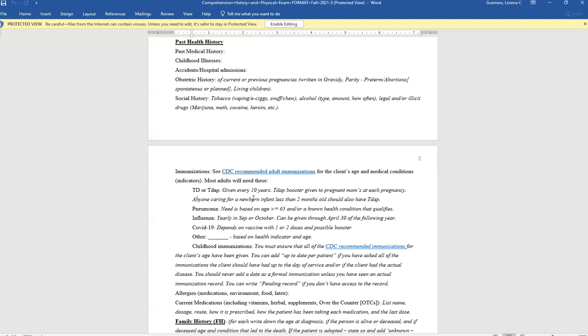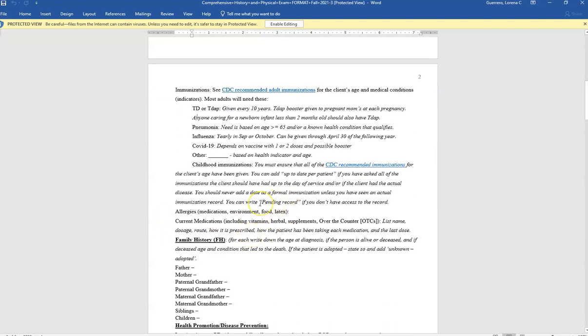Unless you're looking at another medical document or a shot record with the patient's name, date of birth verified, you cannot physically transfer that date into this medical chart. If you do, without the actual record of the shot, you could be falsifying information, and that is something you could get into a lot of trouble for and potentially even lose your license. So don't do it. You could write pending record, patient thinks that they're up to date, but we're going to get the record.